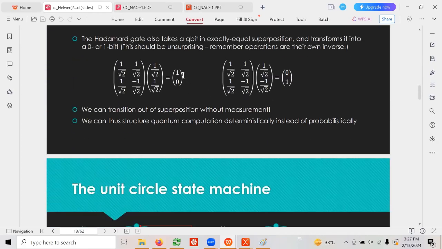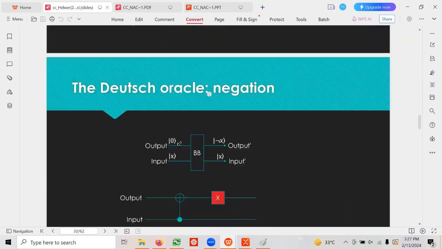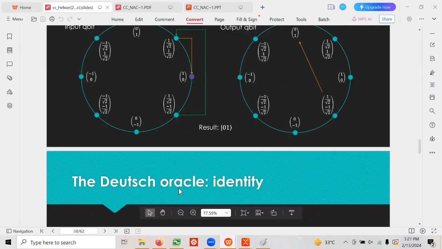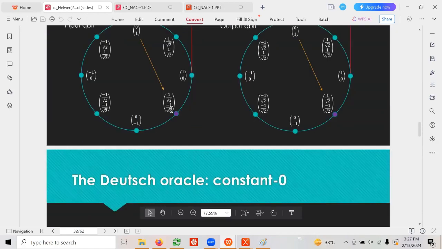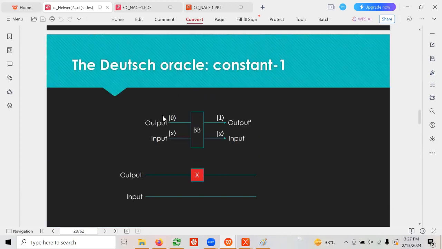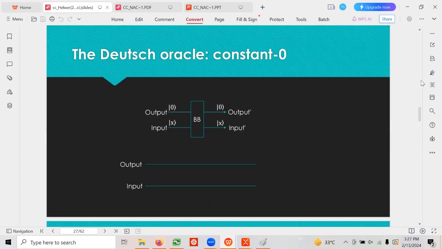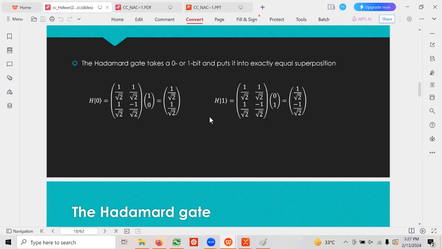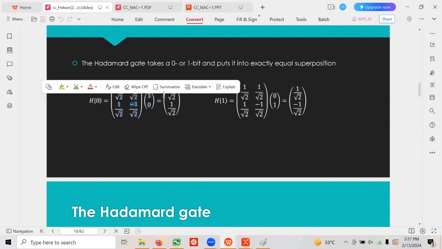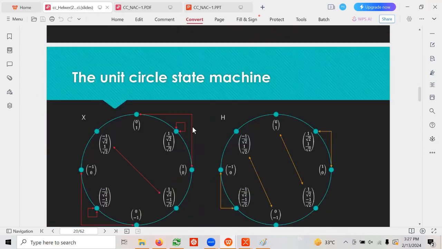In particular, Hadamard gate, I start with something definite, I get something mushy. What do you think happened? This matrix is basically moving the needle from here to here.